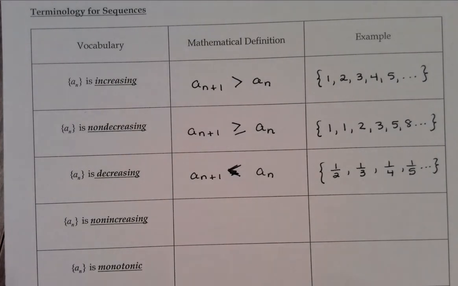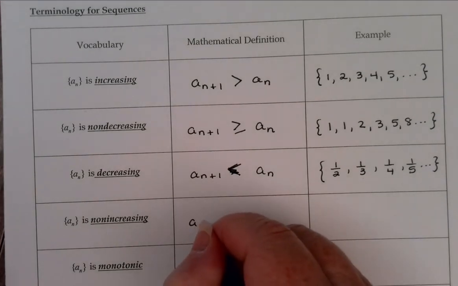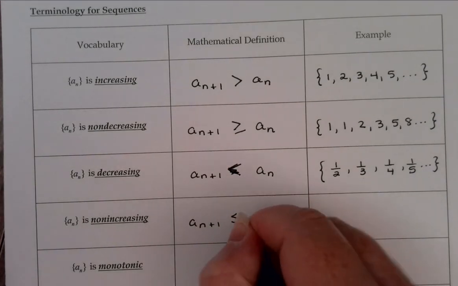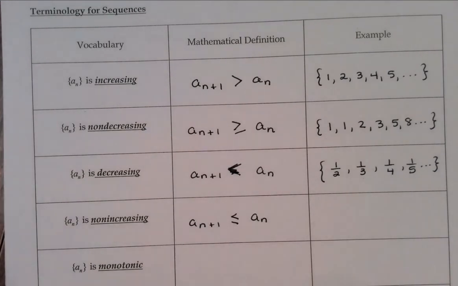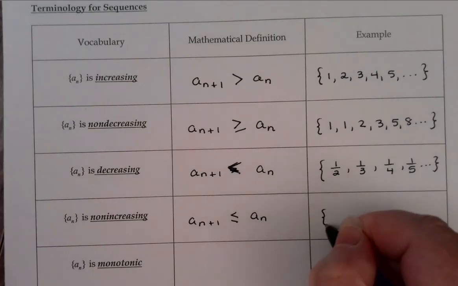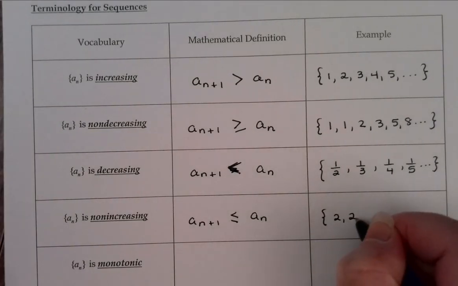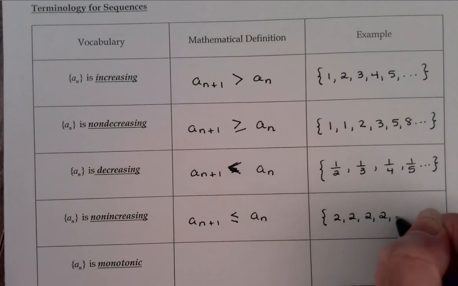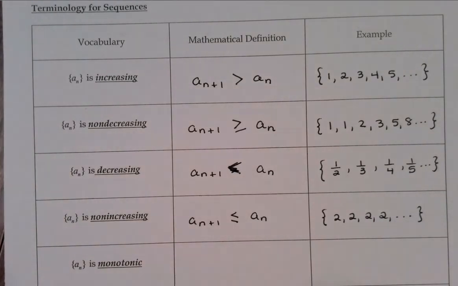Non-increasing again simply allows for the possibility that the terms may be equal to one another. So every term is less than or equal to the previous term. Just for fun, take a look at this one as an example. It's a boring sequence.